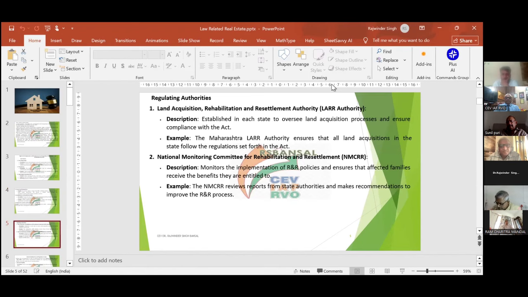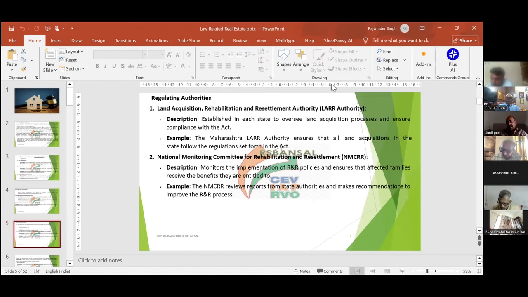Then, regulating authorities. Who are the regulatory authorities to implement this Land Acquisition, Rehabilitation and Resettlement Act? So the first one is the LARR authority, Land Acquisition, Rehabilitation and Resettlement Authority.